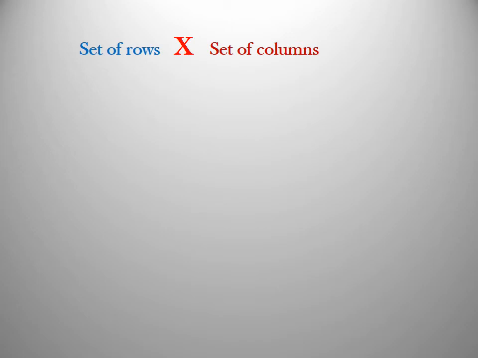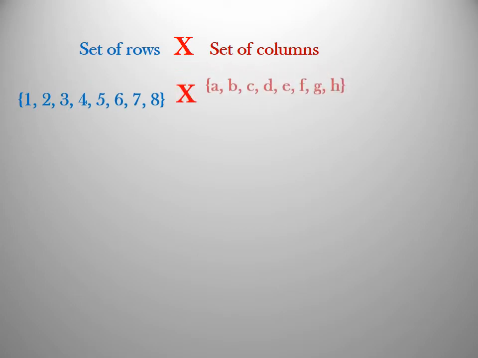When I want to find the intersection points between the set of rows and the set of columns, first I will determine the items of each set. So the set of rows will be 1, 2, 3, 4, 5, 6, 7, 8, intersected with the set of columns, which is A, B, C, D, E, F, G, H.